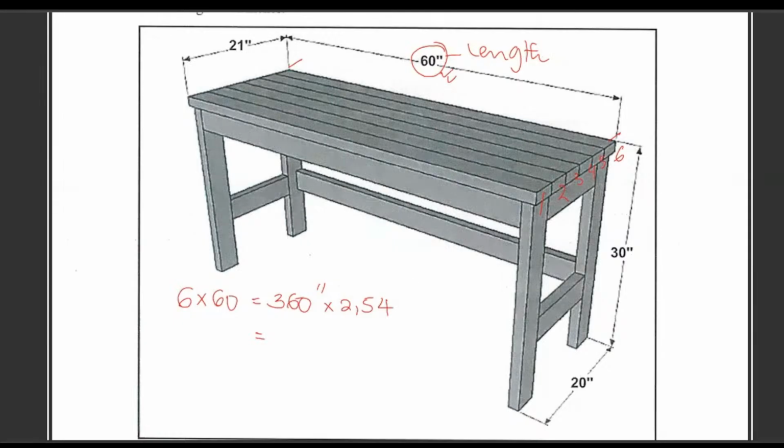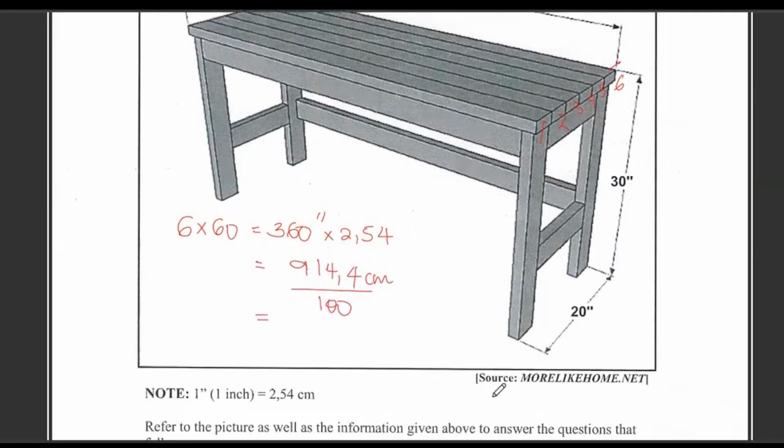You have 914,4. These are centimeters. In other words, divide by 100, and you end up having 9,144 meters.